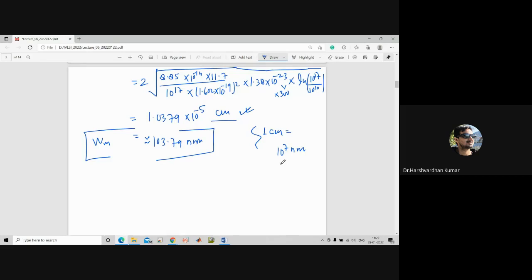Okay, if you are not getting the conversion, let us say 1.0379 into 10 to the power minus 5 centimeter, we know very well this is equal to how much? 10 to the power 7, because we know the formula. Okay, so how do you convert?